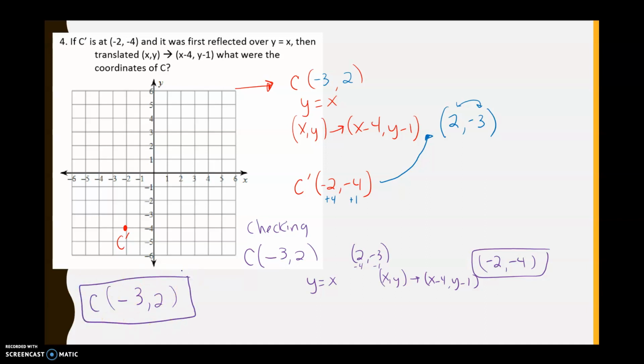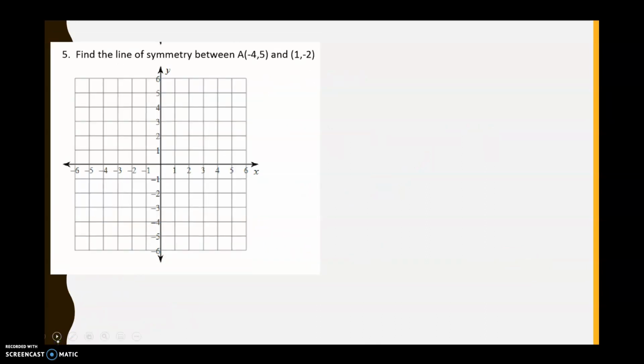So I'm working backwards on that one. Next one, number 5, the line of symmetry between the point -4, 5, right here, and 1, -2, right here. Okay, so I need to know what the average is, so I can find that middle, because my line is going to be somewhere like this, right? I don't know exactly where. So I need to find this middle value.